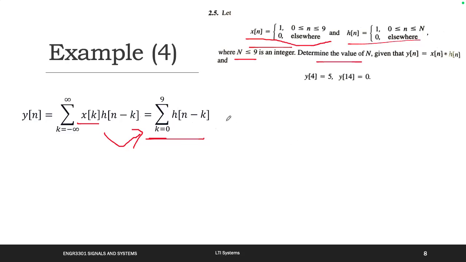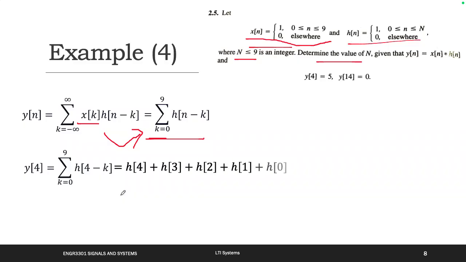Okay, and then let's continue. So we know y[4] equals what? It is when n equals 4. So this is y[4], and if we just expand it, when k equals 0, it is h[4], and when k equals 1, it will be h[3]. When k equals 2, it is 1.